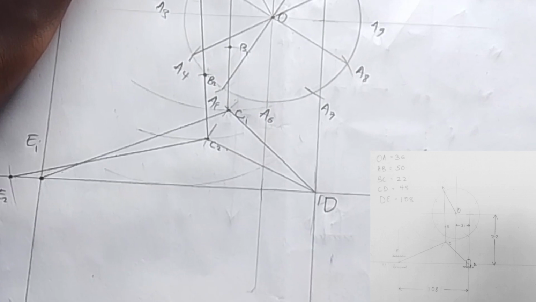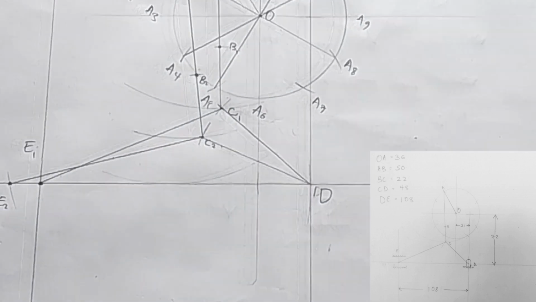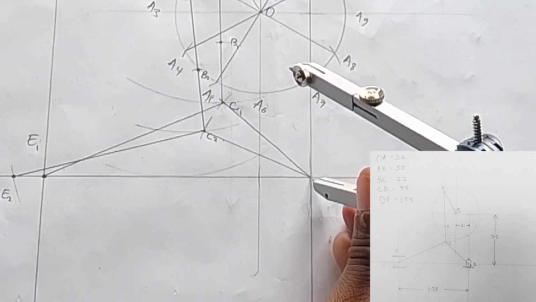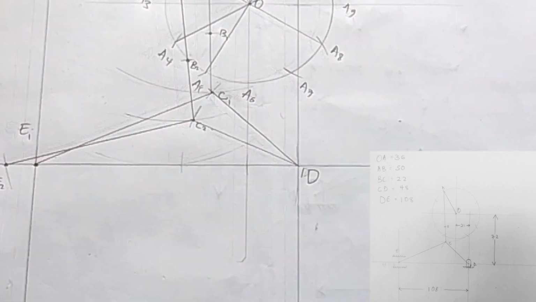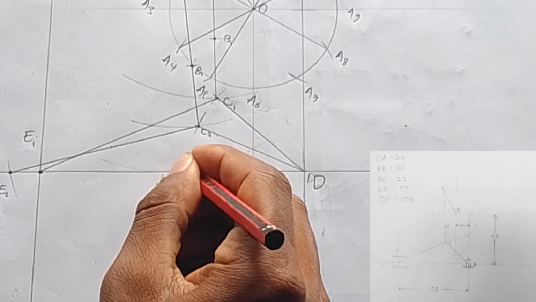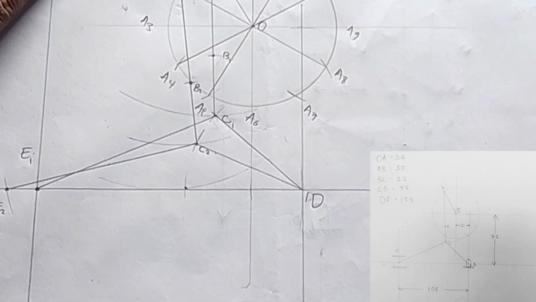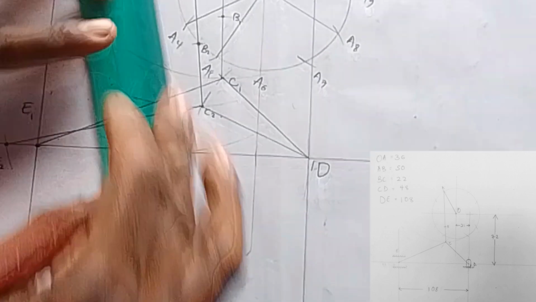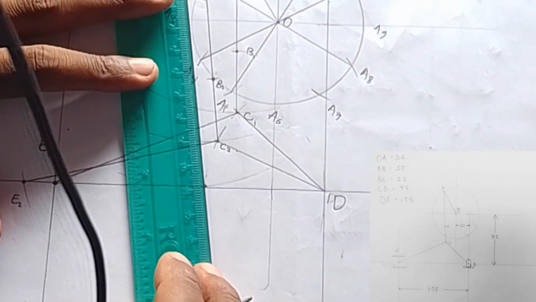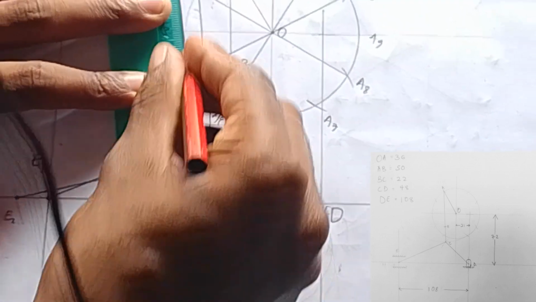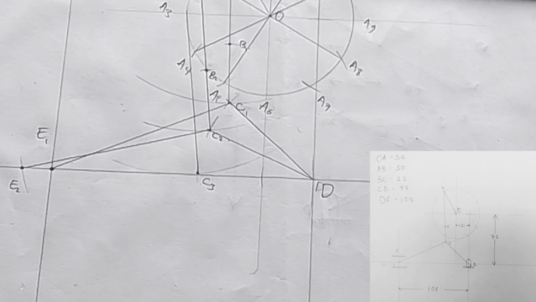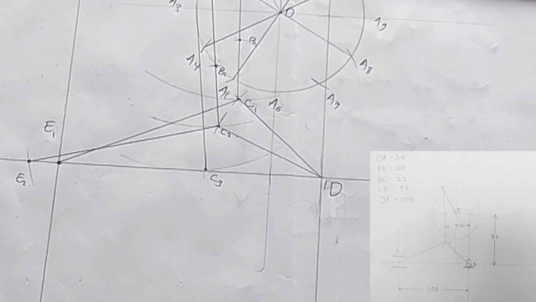Again, measure 48 and stand from D and strike an arc. This is where they are intersecting, so we have our C3. Having our C3, you join it with our A3. From our C3 we know we're supposed to measure 7.9.